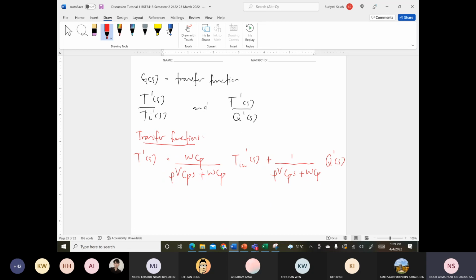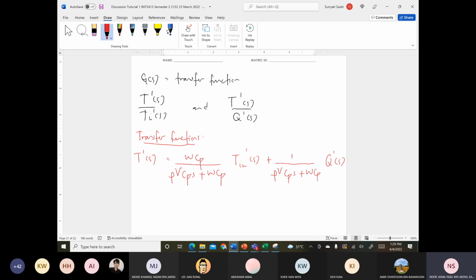So this is the rearrangement of your equation. Just let the T prime(s) stay on the left hand side because this is our output variable. So we put it on the left hand side. The rest of it, we rearrange on the right hand side.